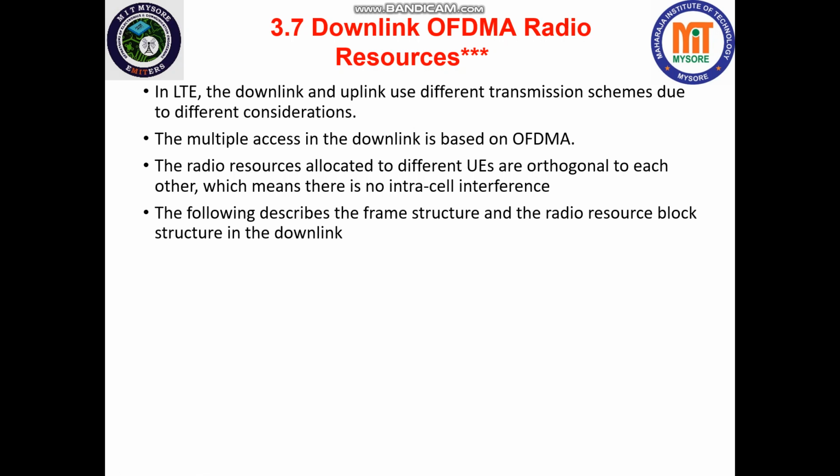Remember this. And in LTE, another point is downlink and uplink use different transmission schemes due to different considerations. In uplink, we use SC-FDMA instead of OFDMA because the peak to average power ratio is high in OFDMA, whereas in SC-FDMA it is low, and hence your user equipment power consumption will be much less.